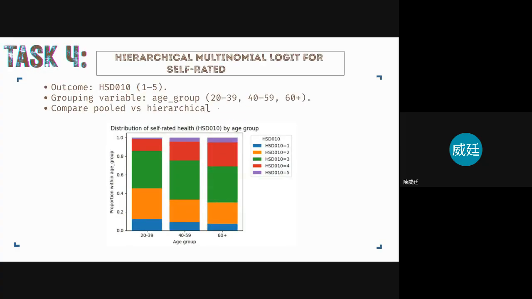And we applied a multinomial logit to our outcome. The outcome is HSD010 from 1 to 5, roughly excellent to poor. The grouping variable is age group with 3 groups, like I said. And our goal is to compare the pooled multinomial logit and the hierarchical multinomial logit.